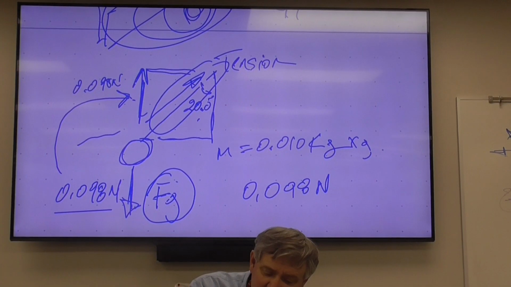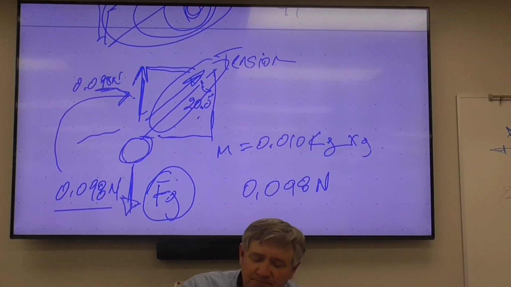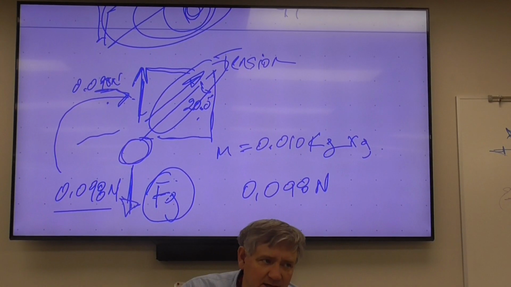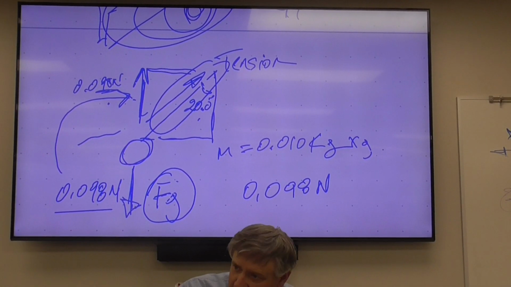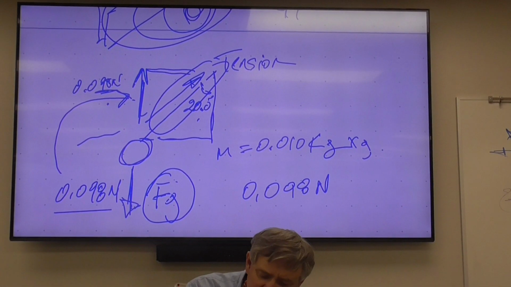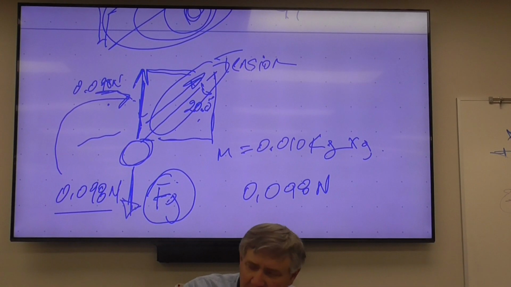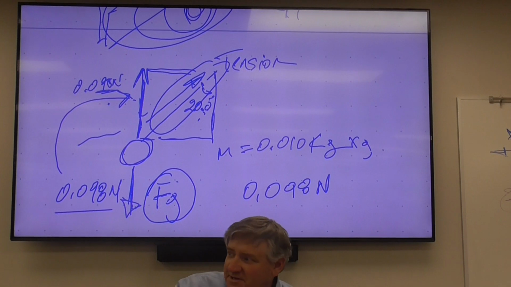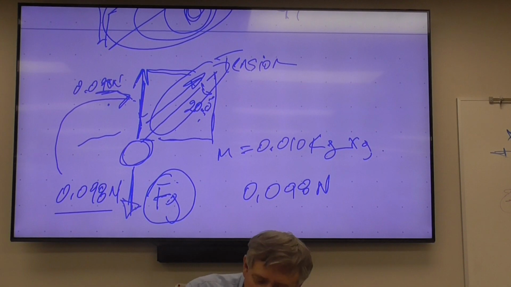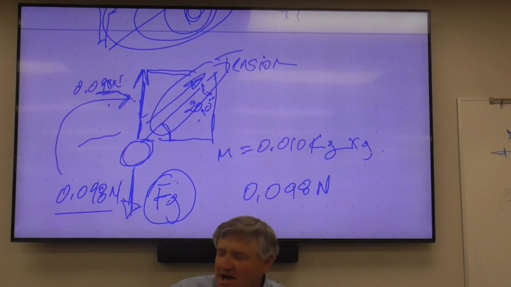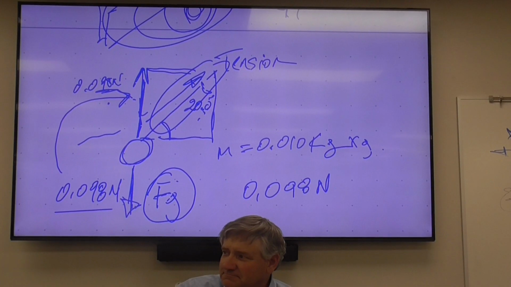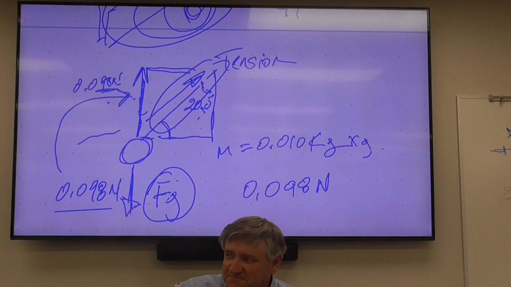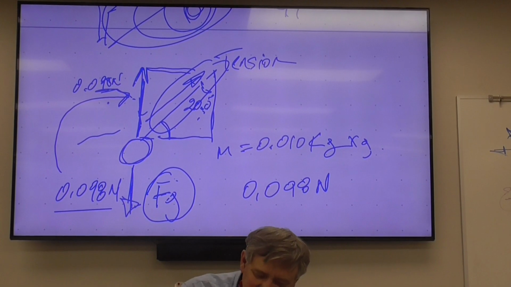Now, if this is 0.098, think this through. Is the tension going to be bigger or smaller than 0.098 newtons? Bigger, right? So if this is 20 degrees, what does this angle down here have to be?